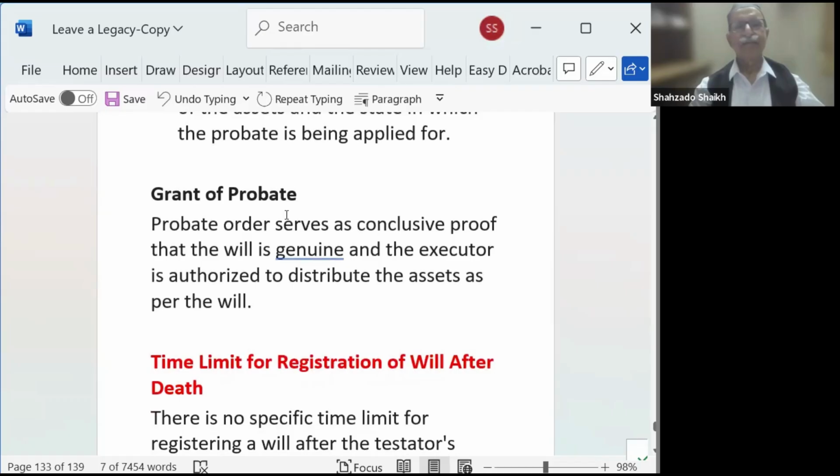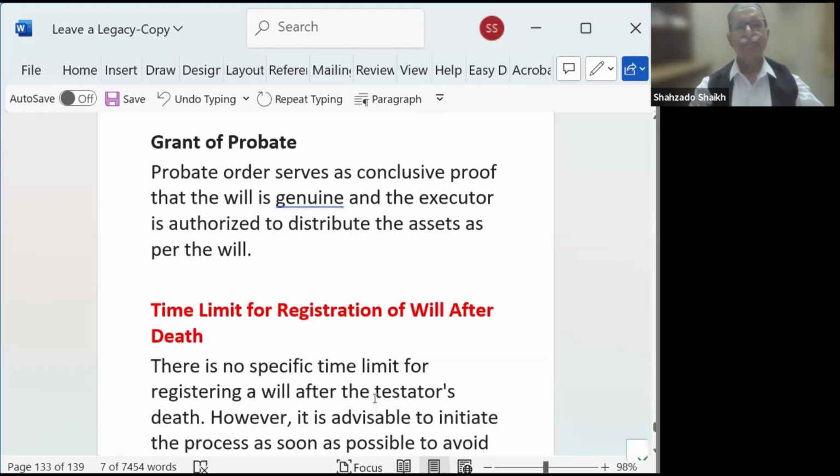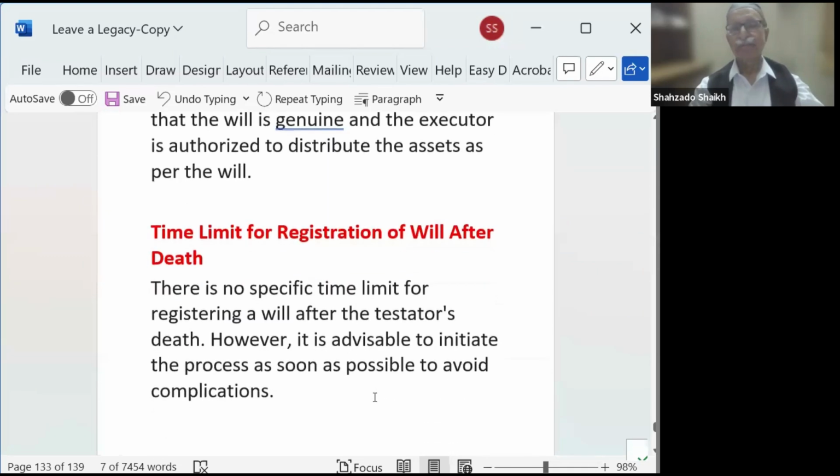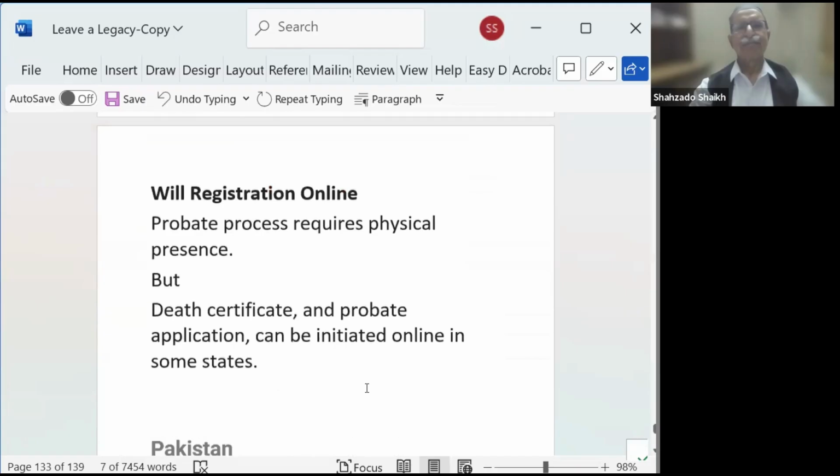Without that, there will be no further proceedings. Time limit for registration of the will after death: although there is no time limit, it is better, because if any one day more is delayed, there can be legal questions for challenging it.